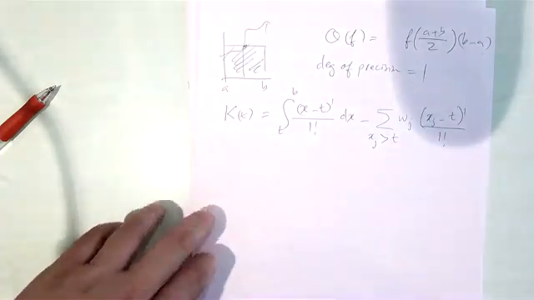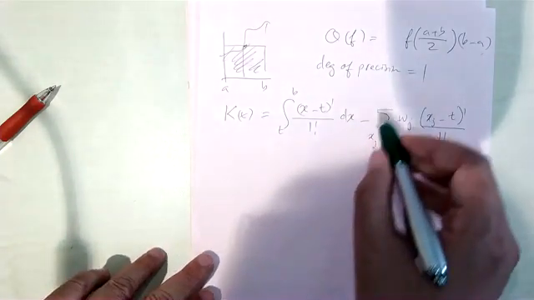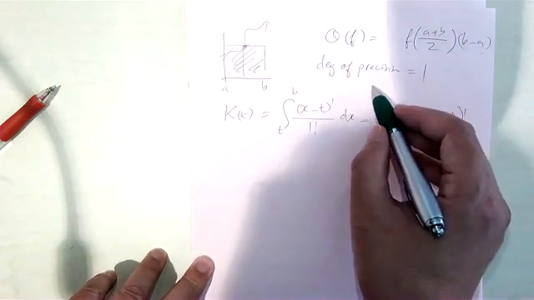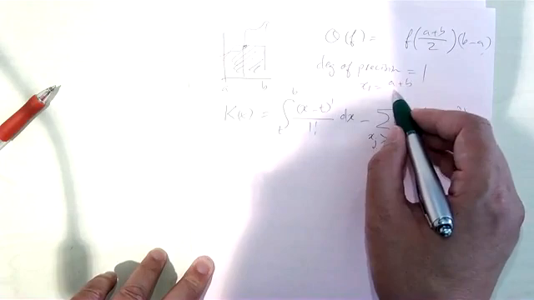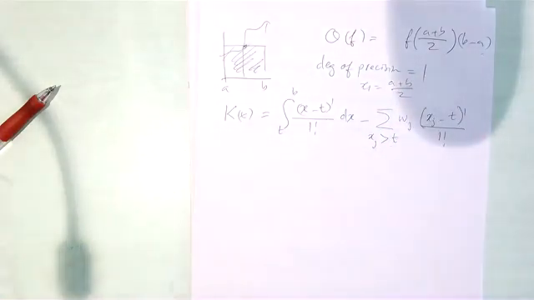And now you have only one quadrature point. So x1 will be just (a plus b) over 2.